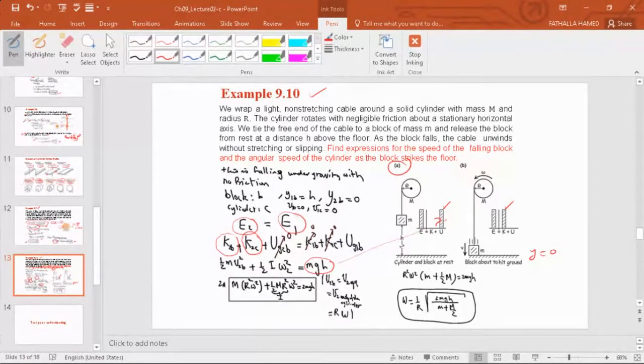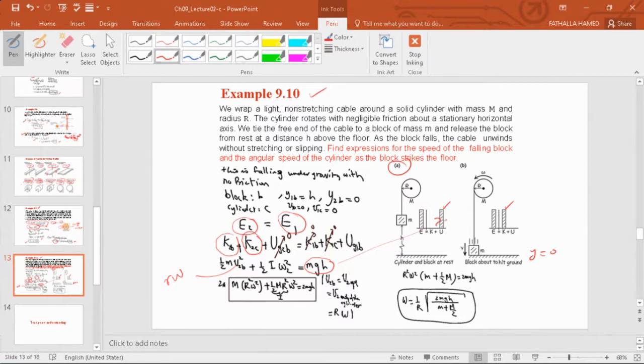You know one thing as well, that the speed of this block equals the tangential speed of the cylinder here. So this one equals r omega, where omega is the angular speed of the cylinder.